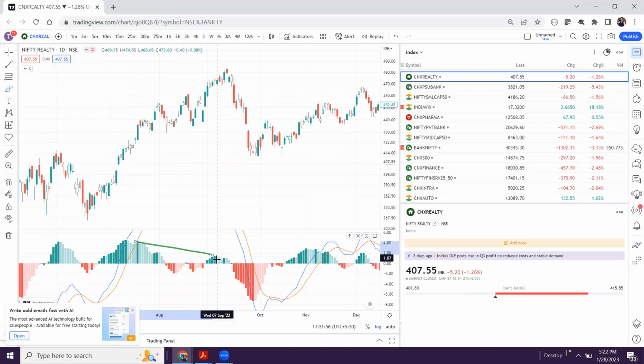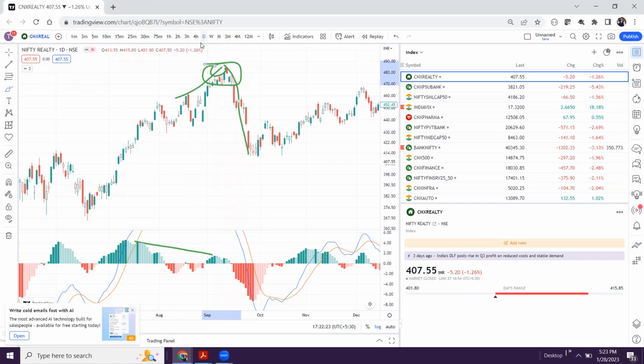The indicator is making a lower high, and price is making a higher high. So at this moment we know that some fall can come, and indeed it fell. This is how we analyze the market, and the analysis is that price is about to reverse, and this can be a top.